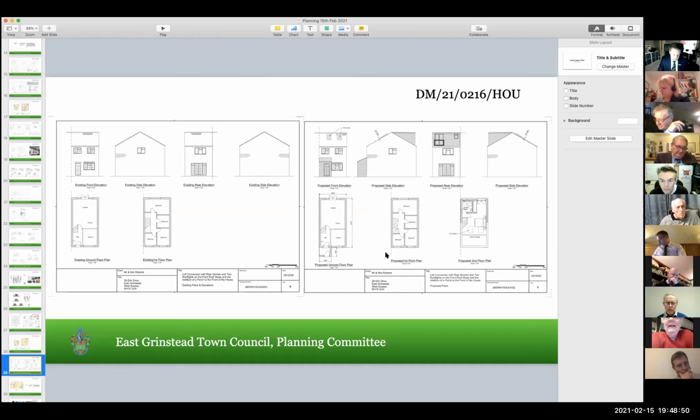I personally, and this is just a personal opinion, do not particularly like the design, but with regard to the front-facing roof lights, I don't believe that you actually need planning permission as long as they're within the conditions and the limits, not protruding more than 150 millimeters.